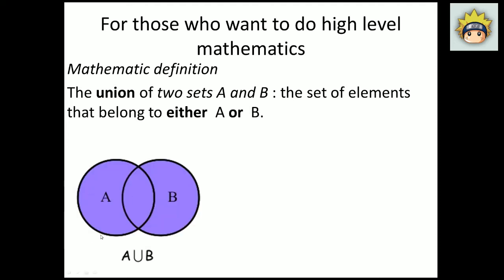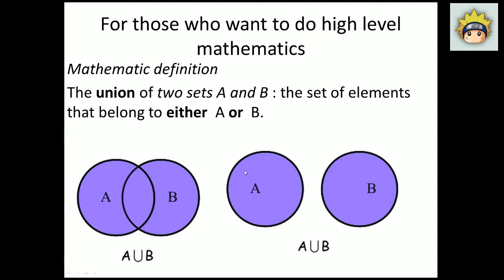This is A and this is B. The upside down U here is the symbol for the union, right? It's where either A or B exists, okay? Good?